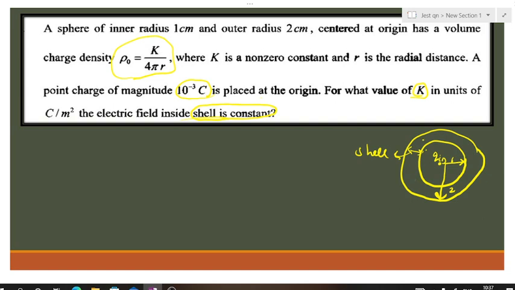So draw a Gaussian surface. At a distance r, find the electric field. E dot 4 pi r square is equal to Q enclosed by epsilon naught, according to Gauss law.